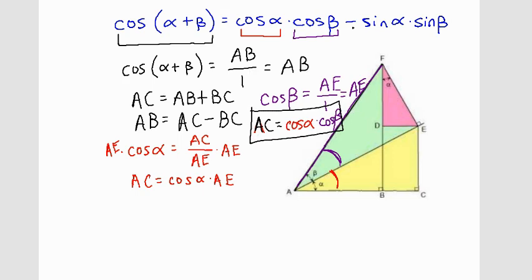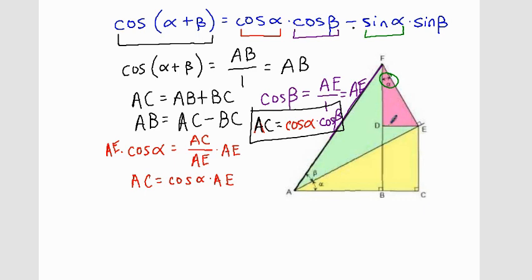I'm going to put that in a box to keep better track of it. Okay, so that means we need to work on the sines. So sine alpha, that would be this side right here. That would be CE over the hypotenuse AE. Well, that doesn't look like it's going to do us any good, and this is a similar trap that I fell into when I did the sine addition formula. So instead, I'm going to go over to this angle. Again, if you want an explanation of how that's alpha, go back and watch the other video.